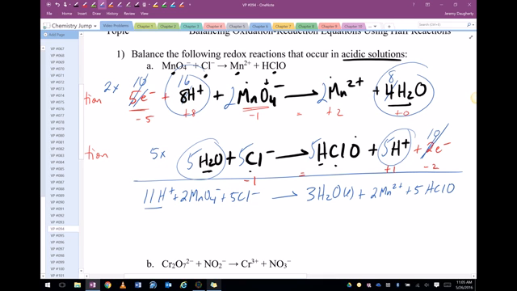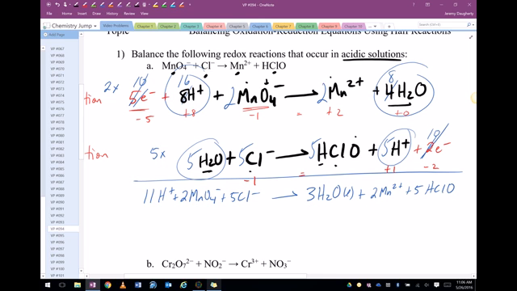We've got 11 hydrogens, 6 plus 5, so that's 11 hydrogens, 2 manganese, 8 oxygens, that's 3 plus 5, which is 8, 5 chlorines. So that's mass balanced.